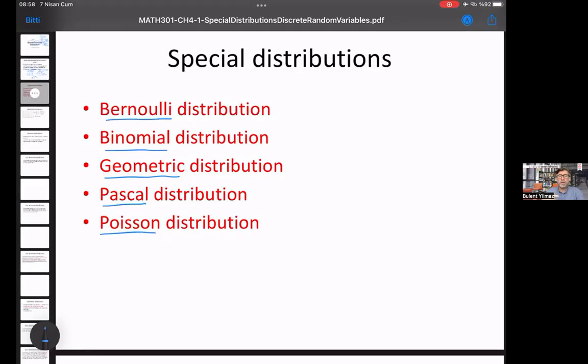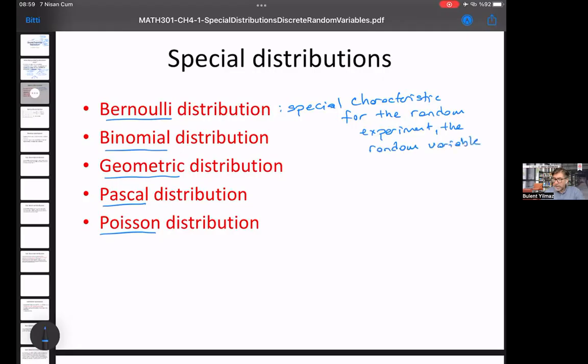They have a special characteristic for the random experiment, and the random variable will also be related to that.